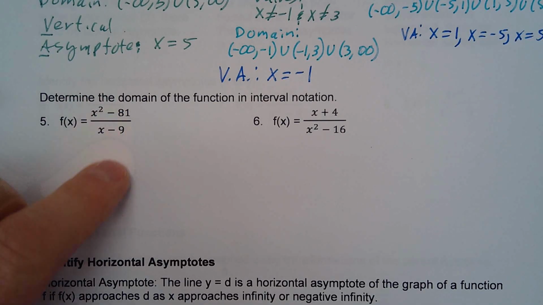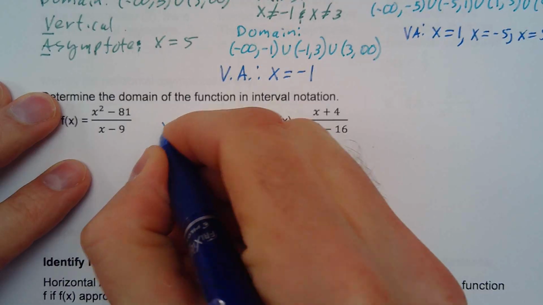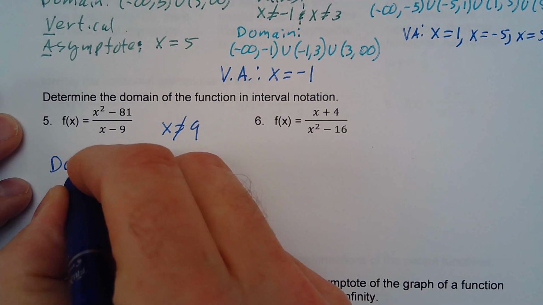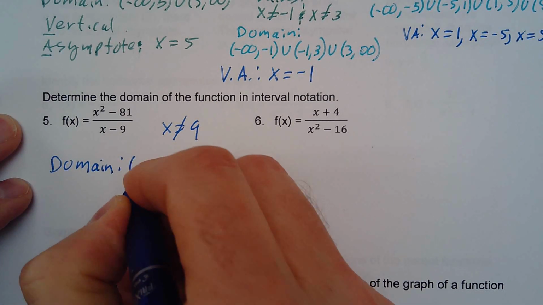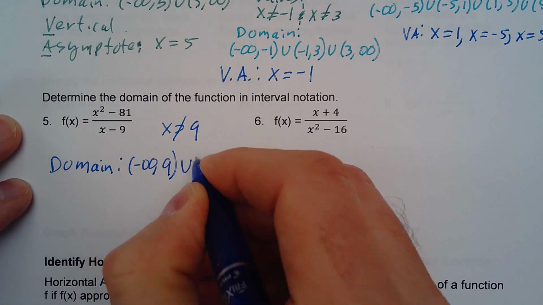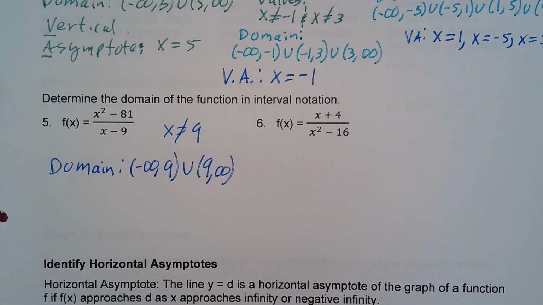I don't care if it reduces here because I'm just doing domain. x cannot be equal to 9. So my domain here would be from negative infinity to 9 union 9 to infinity.